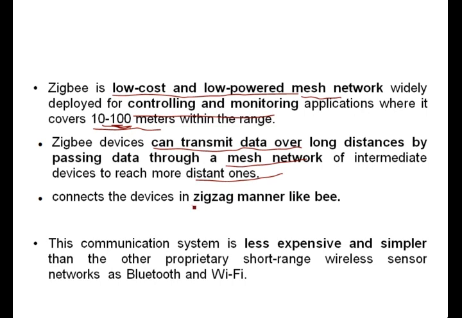In a mesh network the devices are connected in a zigzag manner, like a honeybee's zigzag movement, so that's why it is called ZigBee. This communication system is less expensive and simpler than other proprietary short range wireless sensor networks such as Bluetooth and Wi-Fi, so that's why we use ZigBee.